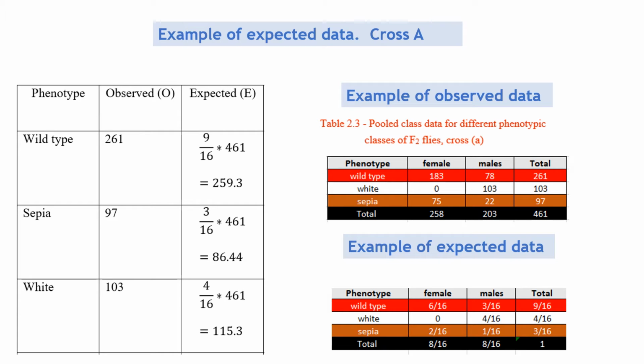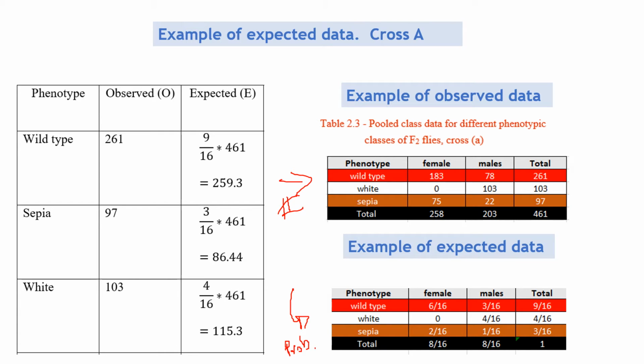Here with the observed data you have actual numbers of flies in the beginning, and in the expected data, as you took this from a Punnett square, you just have probabilities. So now you need to turn these probabilities into numbers.